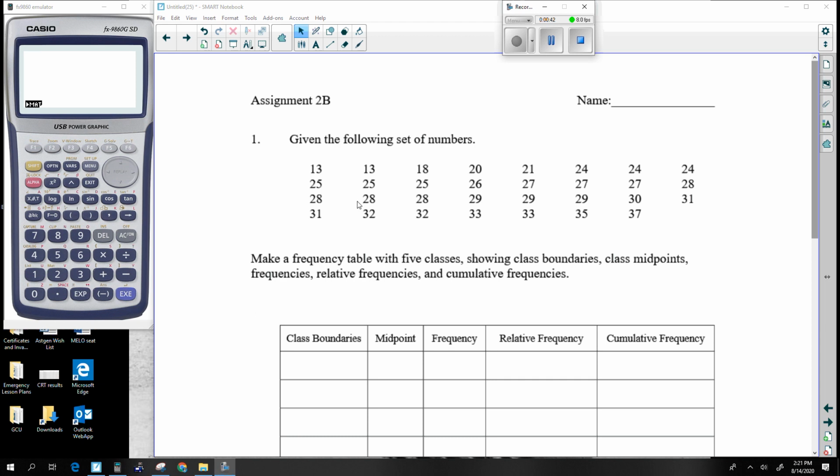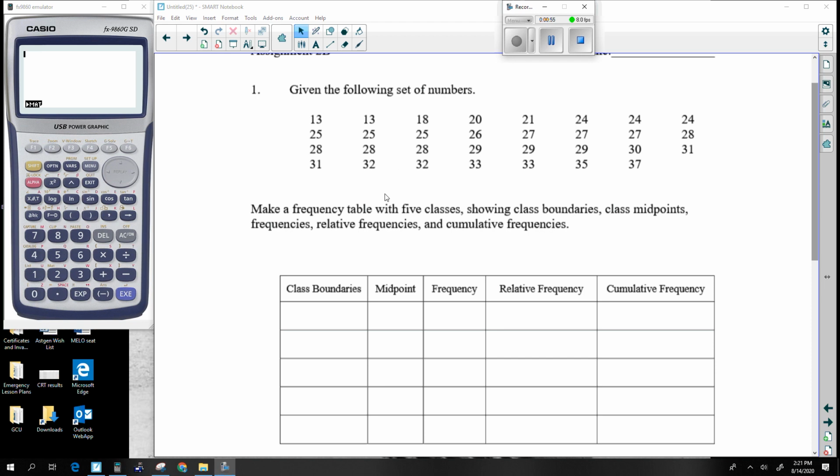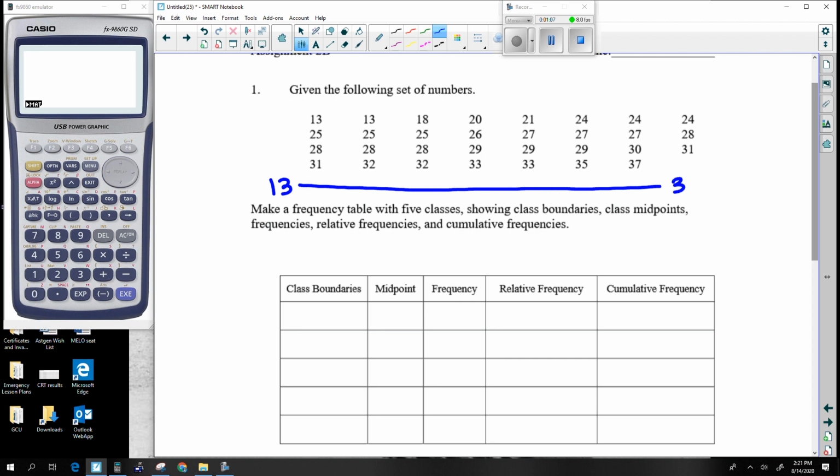Okay, so what we're going to do is we are given these numbers, and they just so happen to be in order. They go from 13 to 37 in order. And we're going to take these numbers and think of these as a number line. This number line starts at 13 and it goes to 37.